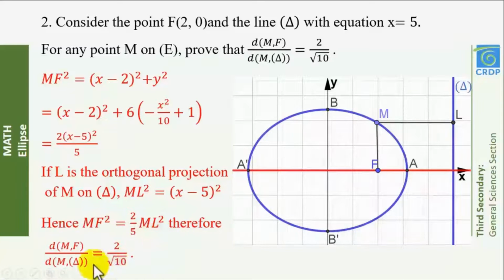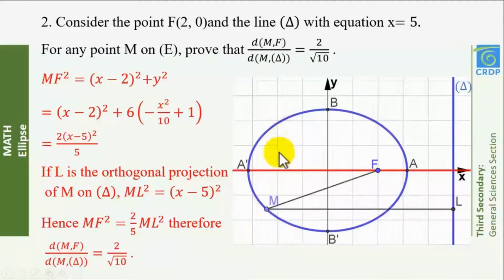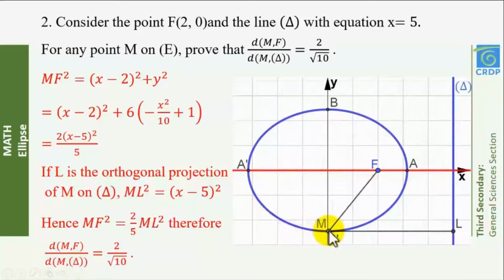Therefore, distance from M to F over distance from M to delta equal 2 over radical 10. Note that 2 over radical 10 is less than 1. And we notice that if we move M on E, distance from M to F over distance from M to delta remains equal 2 over radical 10.